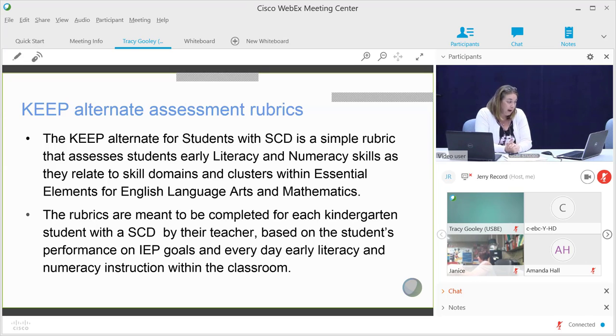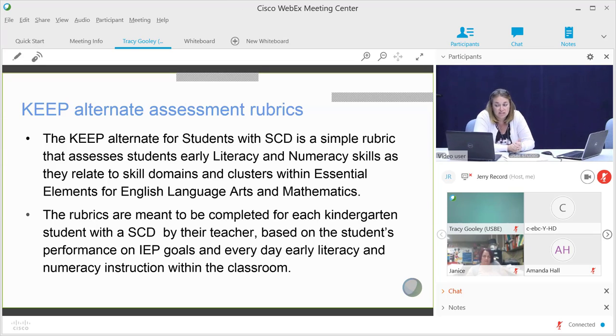We had a lot of really positive feedback from those elementary teachers that they really liked those rubrics, and it gave them some great instructional data and components, so we kept the formatting the same, knowing that there are probably several of our teachers that teach K-3 or K-6, and we wanted to keep that consistency amongst what our assessments look like. So that's how we decided to go with this rubric format for the KEEP alternate.